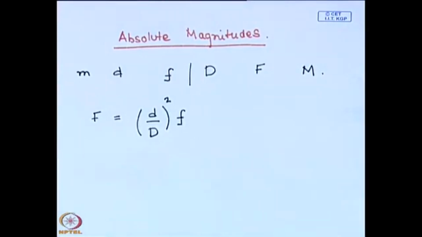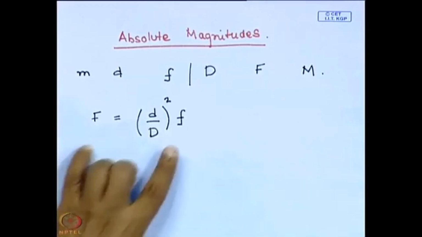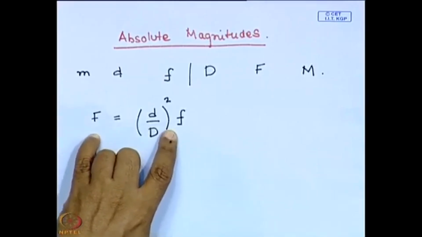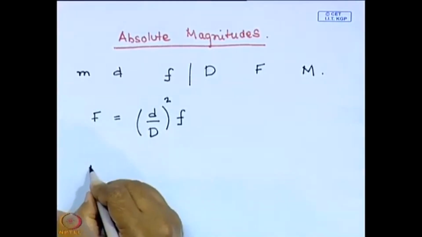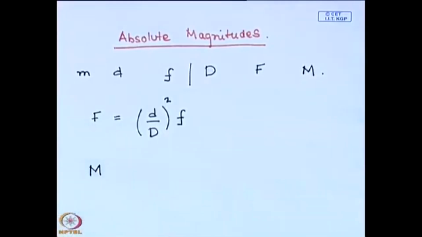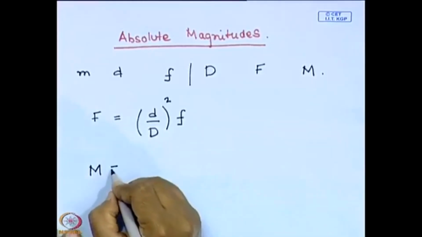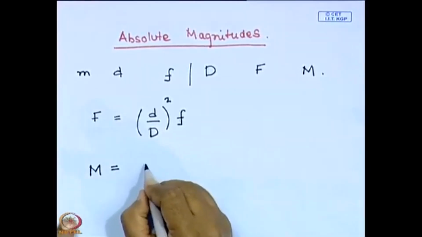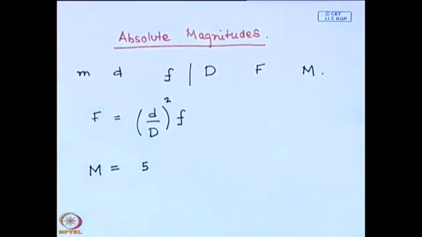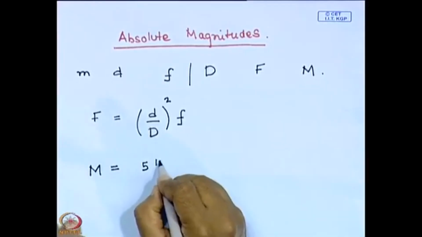All that we have to do is take log of both sides and multiply with minus 2.5, and the constant will cancel out, since it appears for both of them. So, what we have is m equal to 2.5, it will become 5 log.